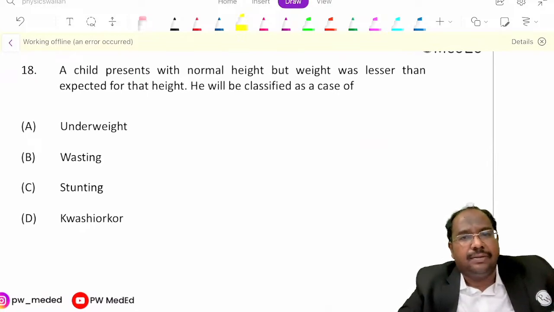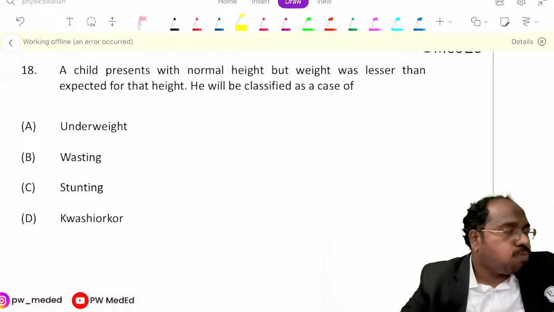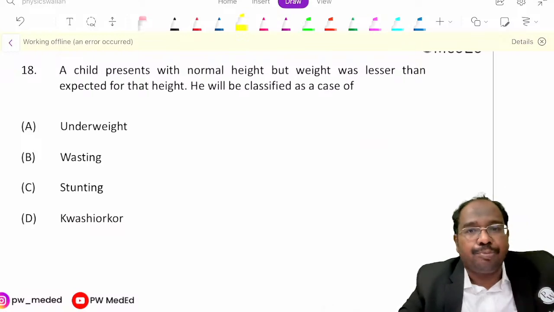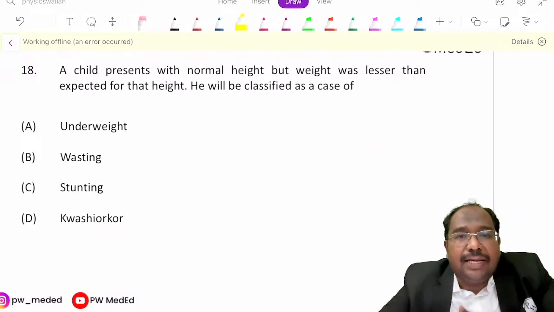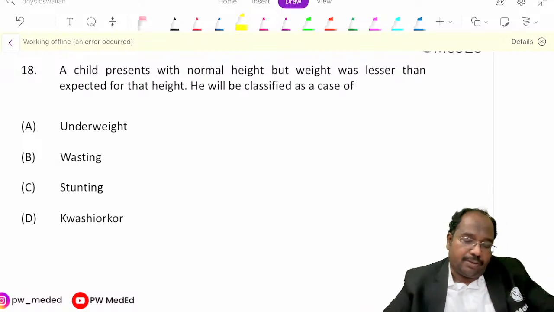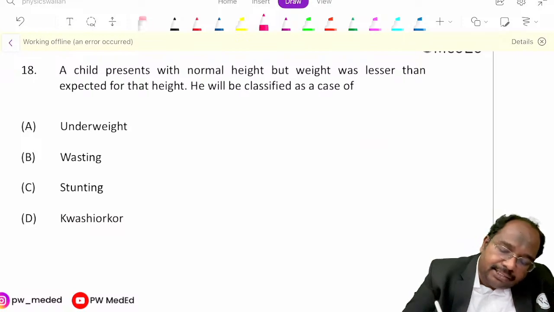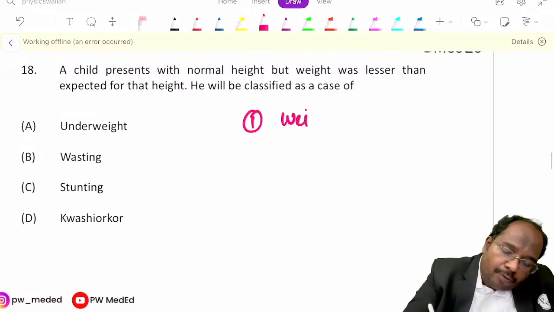A child presents with a normal height, but weight is less than expected for the height. So he will be classified as what? The indicators of malnutrition: first, weight for age.